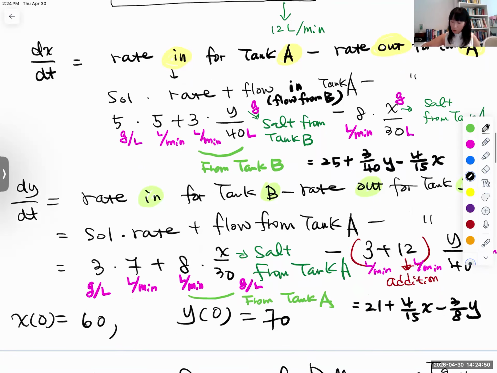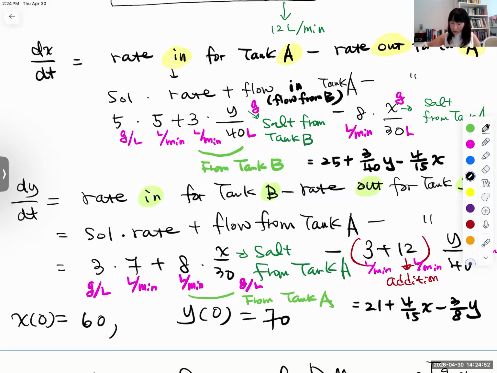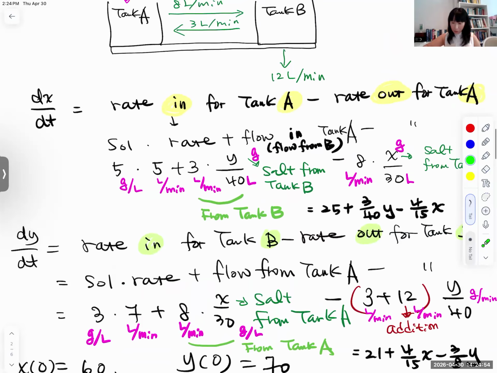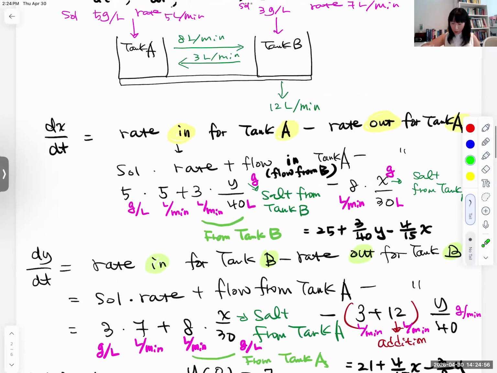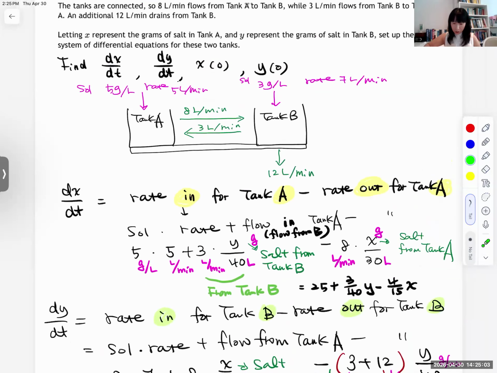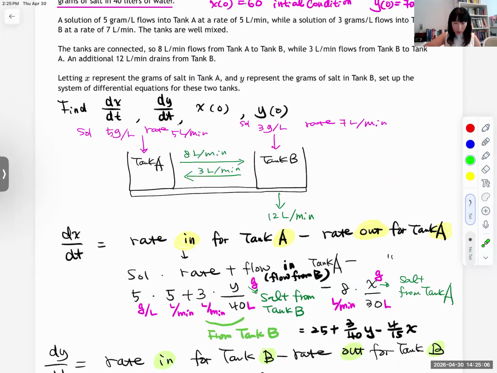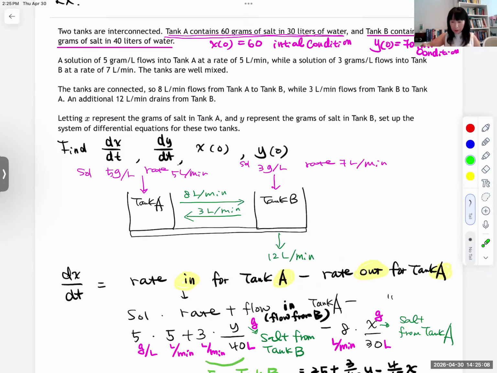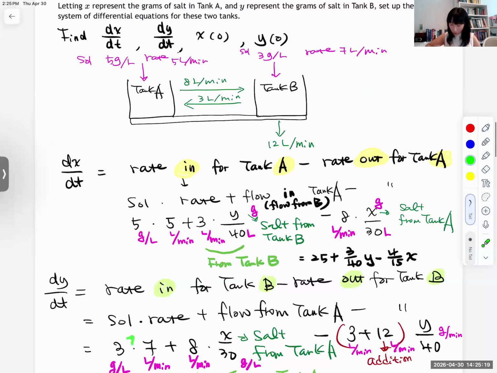Yeah, because there's no space. Okay, so if we use the application on top, we have 3 grams per liter. They say that 3 grams per liter flows into tank B, and the rate is 7 liters per minute, right? So we wrote down there, solution times rate.